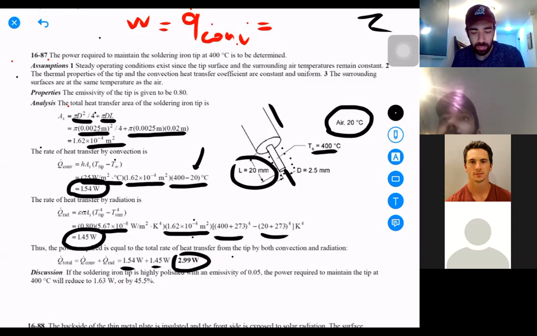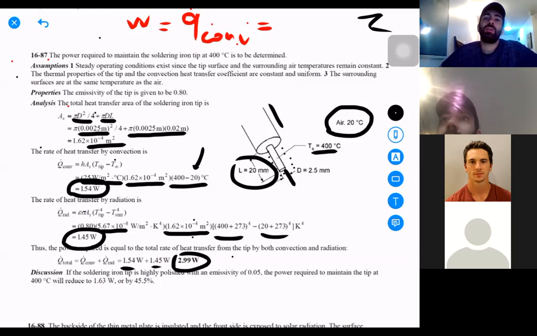And in many cases, the most amount of energy is being transferred by convection.